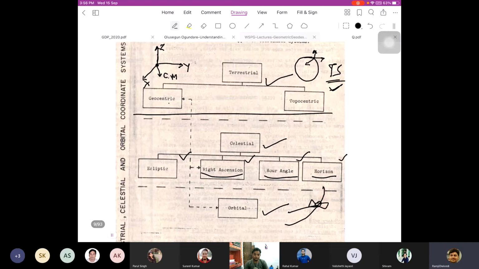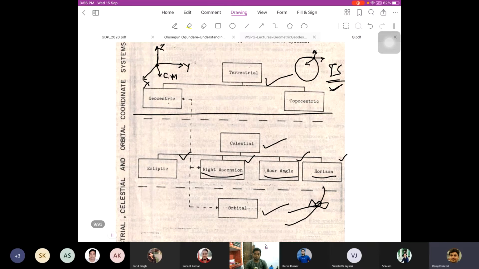Whenever you require the data, you need an estimate of the satellite position in orbit, and that position has to be given in a geocentric manner. Otherwise, you will be dealing more with the mathematics rather than serving the purpose. So the position of that satellite would be given in the so-called geocentric coordinate system.